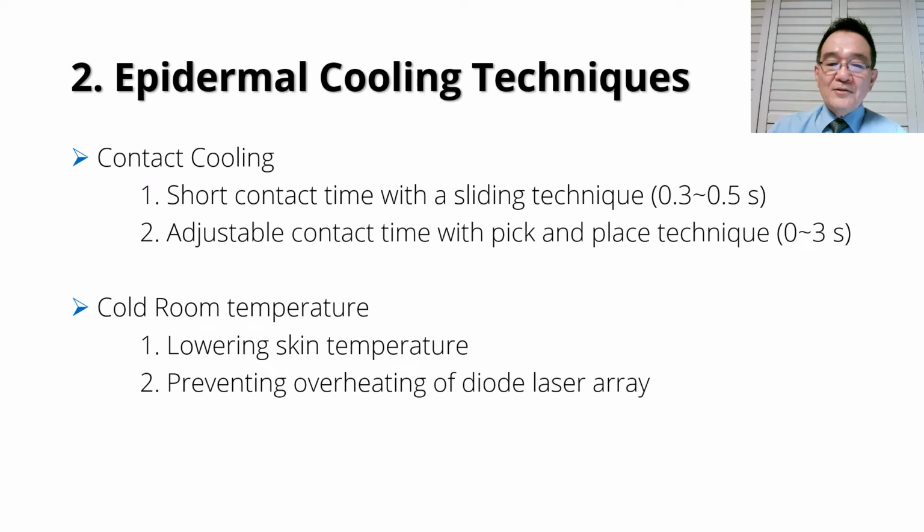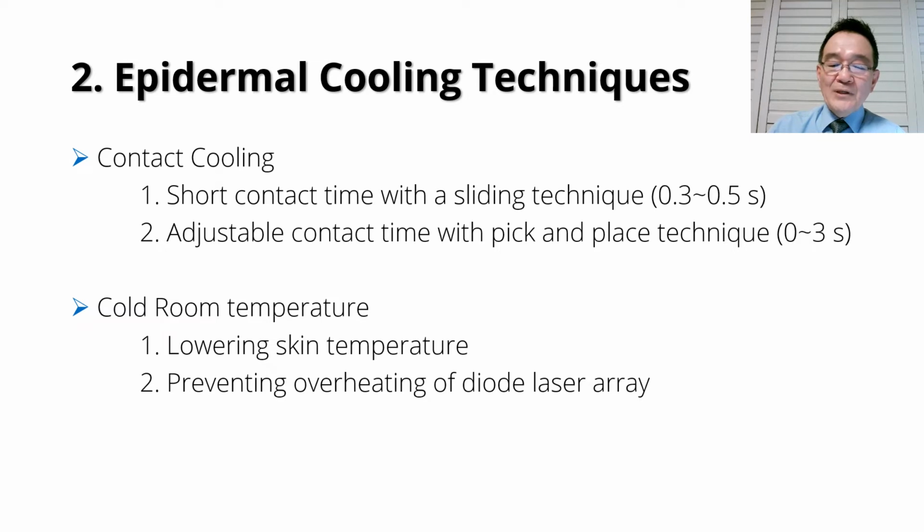Contact cooling is the main epidermal cooling technique for diode laser hair removal. The contact cooling technique is divided into 2 different methods. The first one is short contact time with the sliding technique, and the second method is adjustable contact time with the pick and place technique.